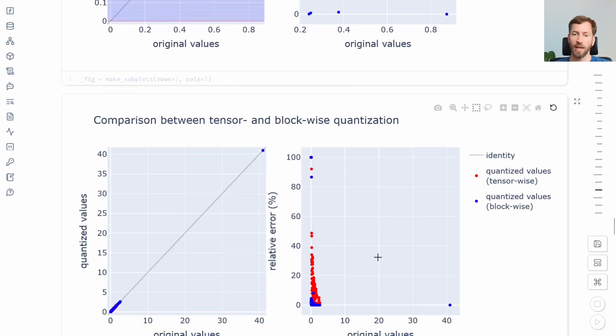If we look again at the accumulated plot, we see that the outlier only affects the other values within the same block, so these three other values. All other blocks show a very small relative error. So besides using data types like floating point or logarithmic data types, block quantization is a very effective way to deal with outliers, especially when using integer data types.